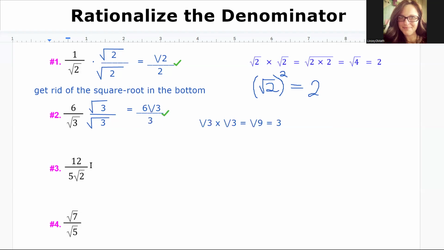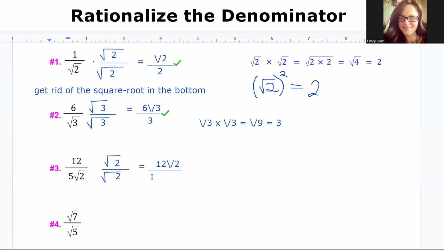Number 3, we're going to multiply the top and the bottom by the square root of 2. And we'll multiply straight across. 12 times square root of 2 is just 12 square root of 2.